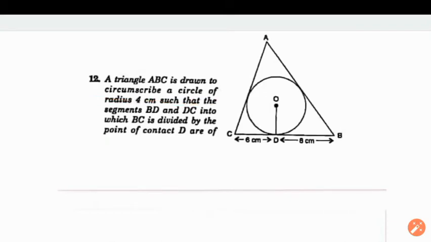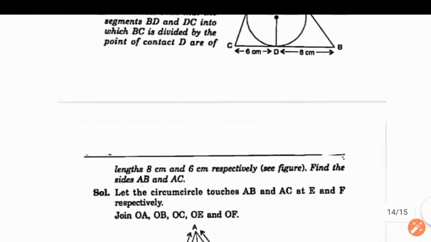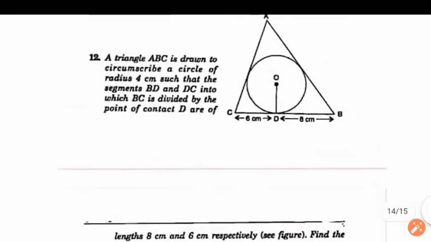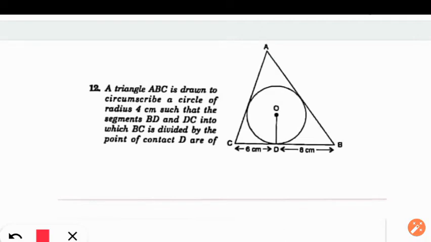Within the triangle we have one circle whose radius is 4 centimeters, and these two lengths are given as 6 centimeters and 8 centimeters. What are we required to find? We are required to find the lengths of sides AB and AC.